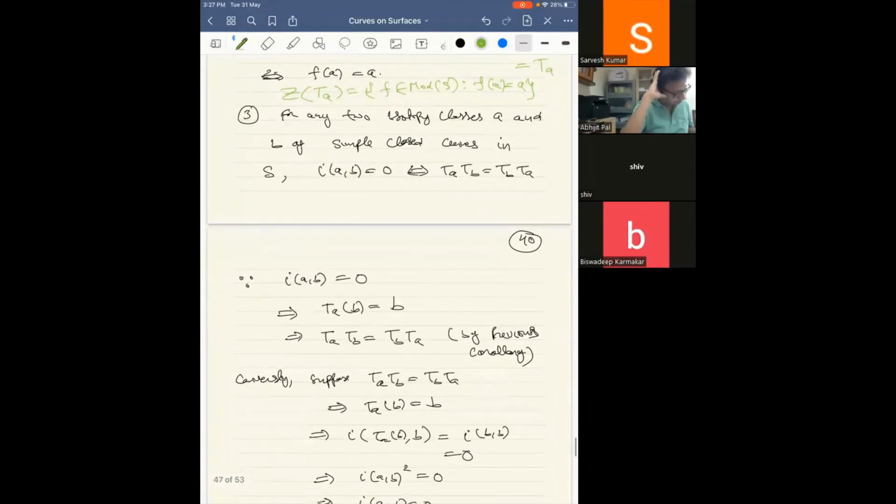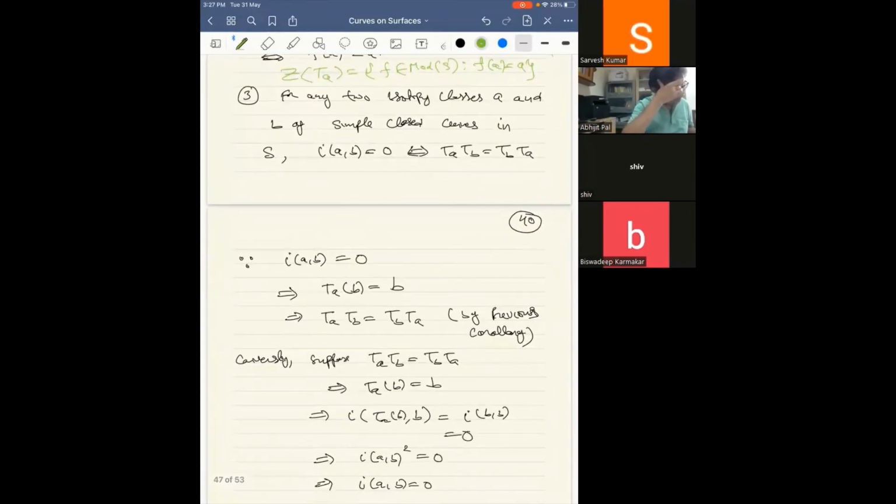Next, if you look at isotopy classes A and B of two simple closed curves such that their geometric intersection number is 0, then the Dehn twists around A and B commute. The proof is easy. Suppose the intersection number between A and B is 0.